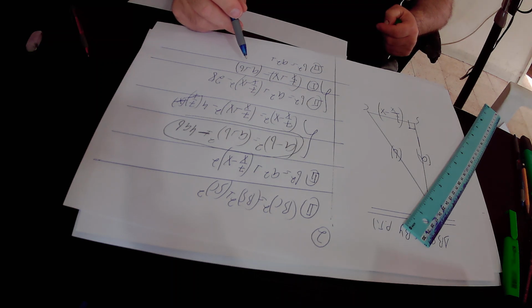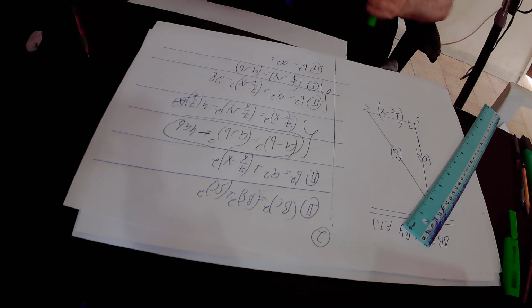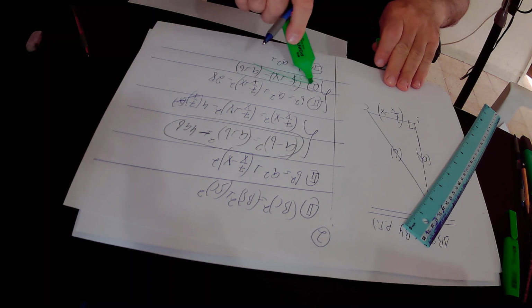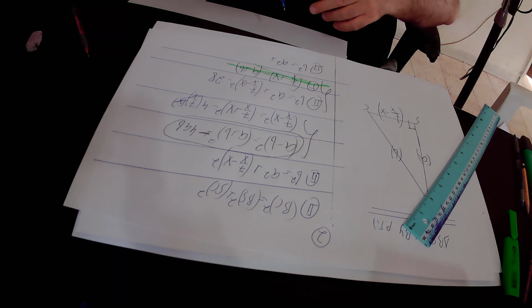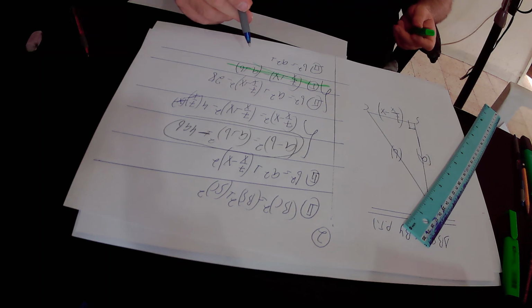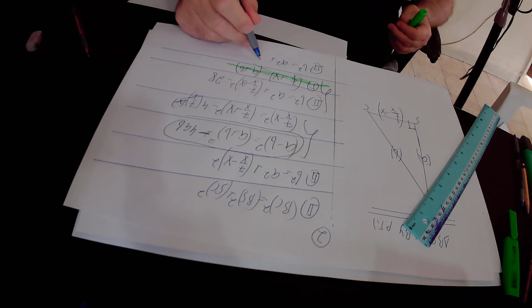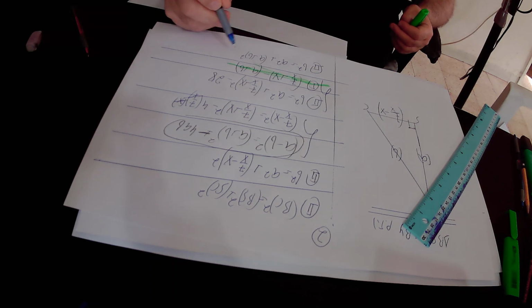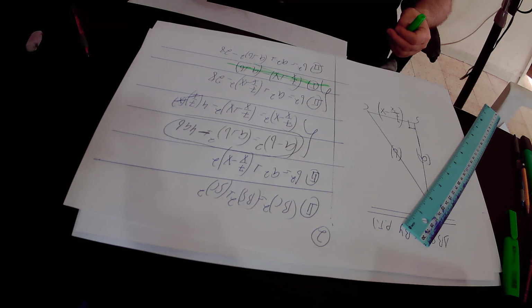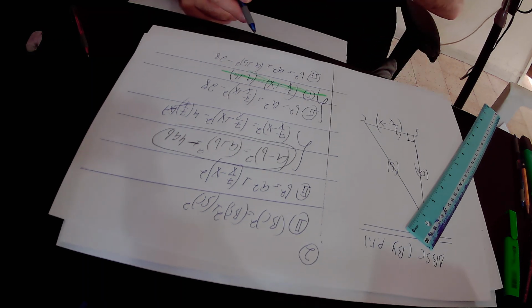If 7 over X plus X equals A plus B according to equation 1, it means that 7 over X plus X squared will be equal to A plus B squared. So we substitute 7 over X plus X squared by A plus B squared. And we have here minus 28. So according to equation 2, we found out that B squared equals A squared plus A plus B squared minus 28.